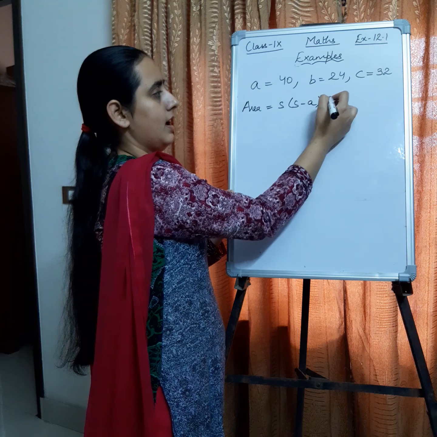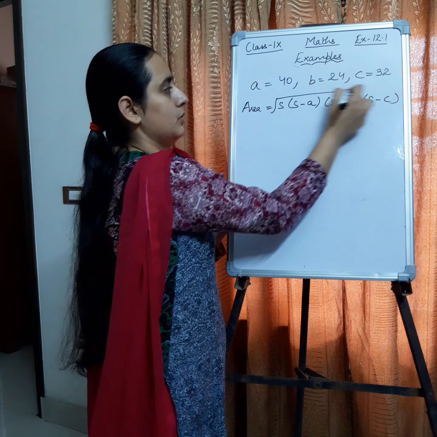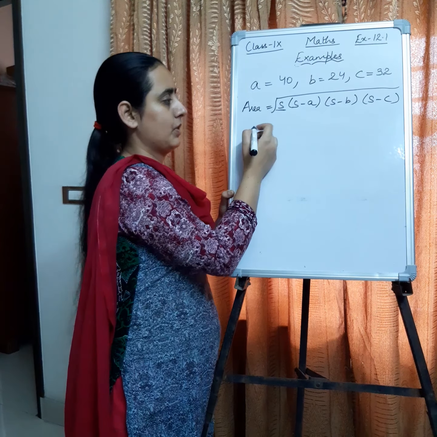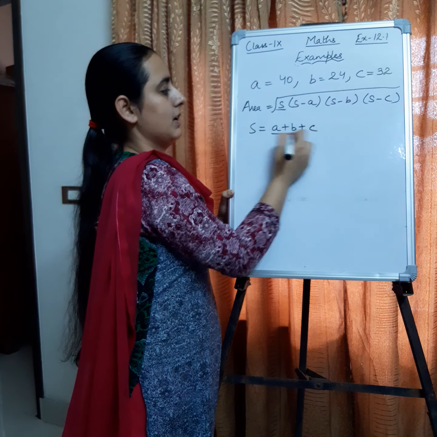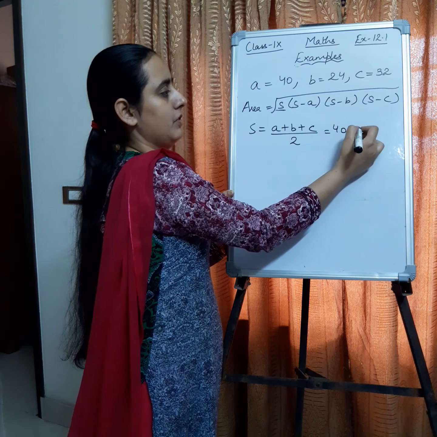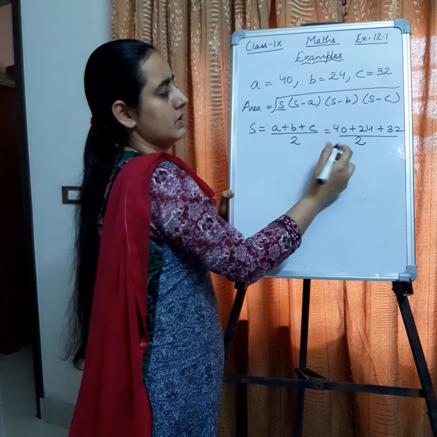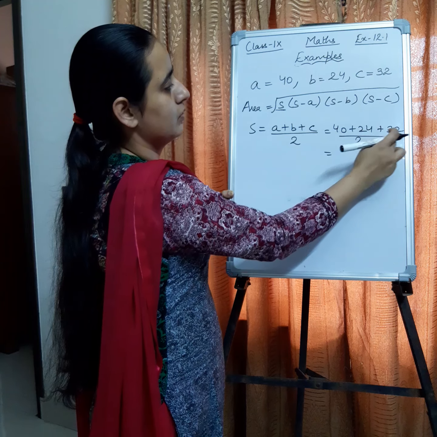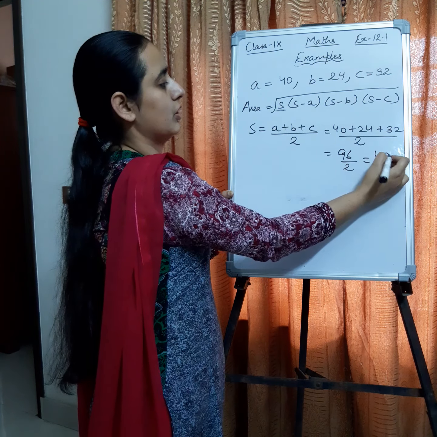Area is the square root of S into S minus A, S minus B, S minus C. First we need to find S. S is A plus B plus C by 2, which is 40 plus 24 plus 32 by 2, that is 96 by 2, which is equal to 48.